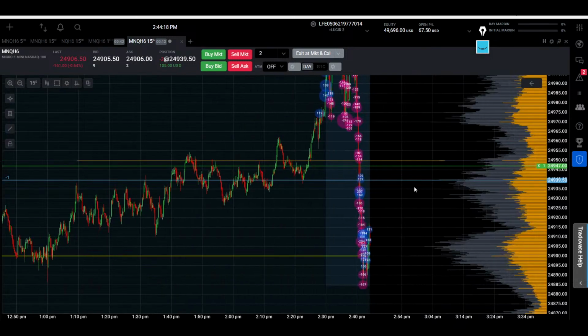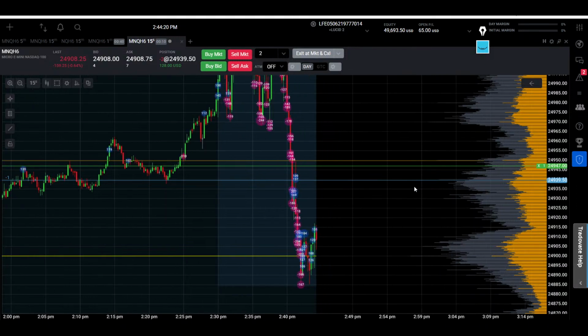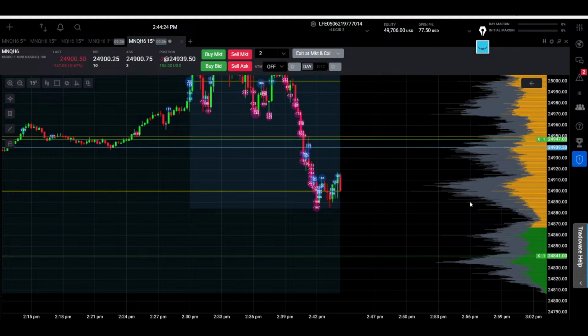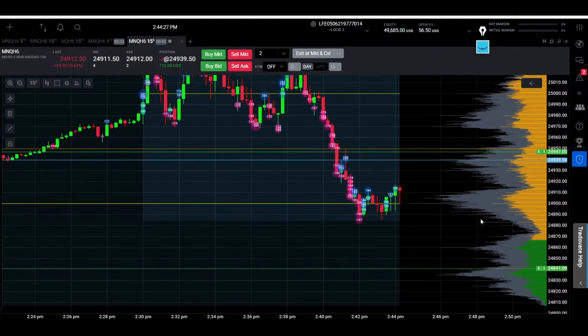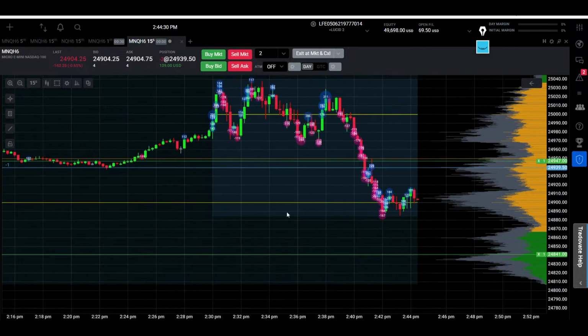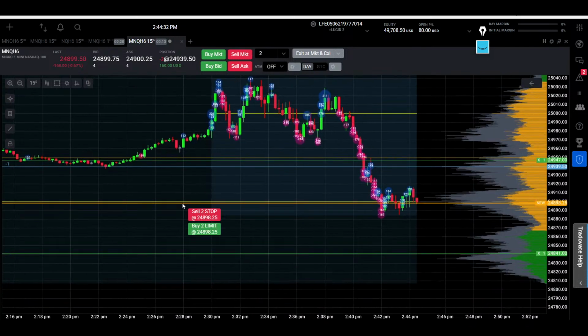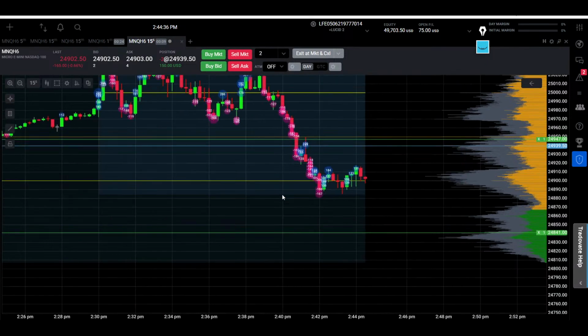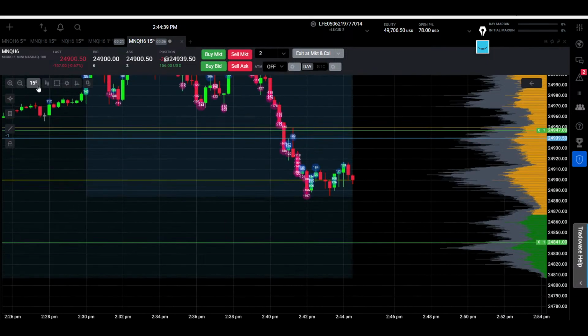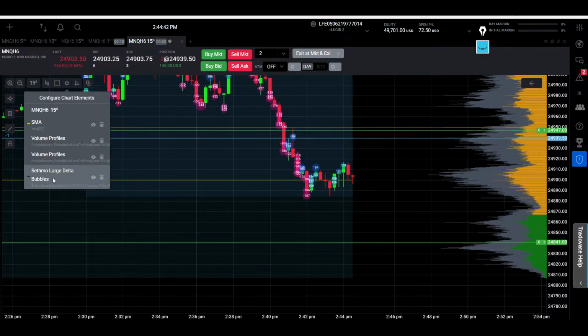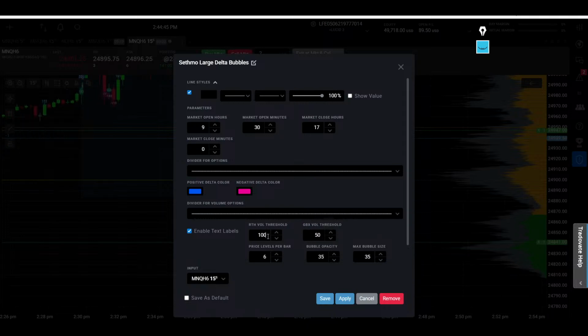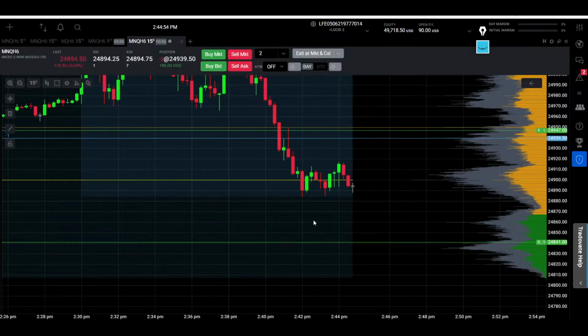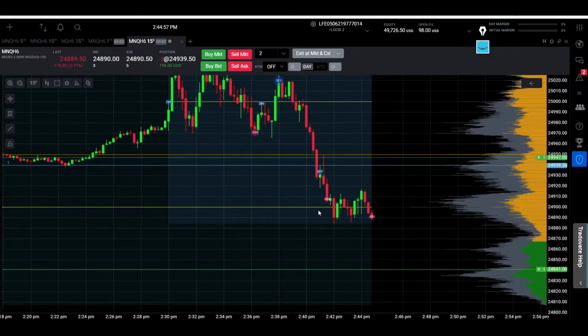You see how active they are in 15 seconds. 15 seconds chart. I need to increase it because I can't see the bars, producing 200. That's better. Okay, you see this is my take profit here.